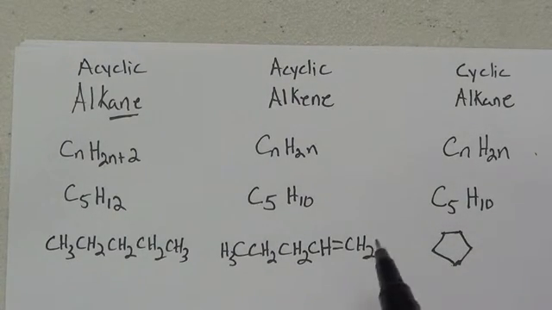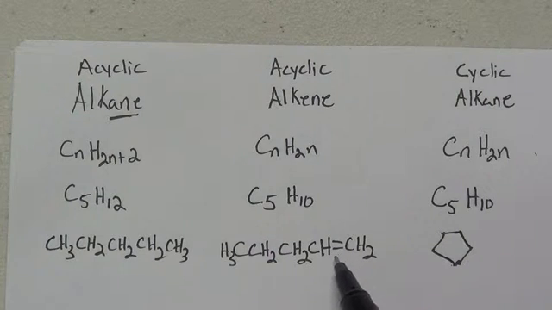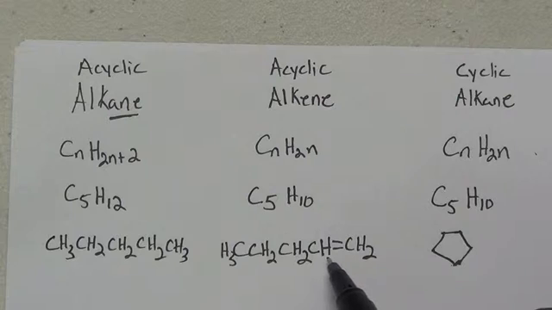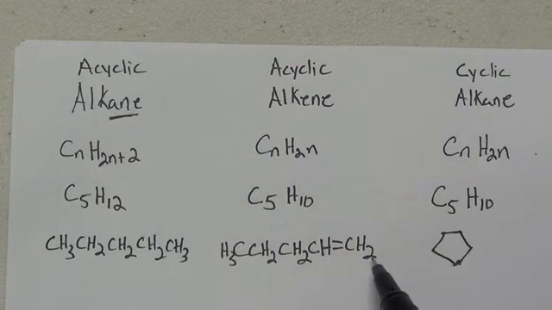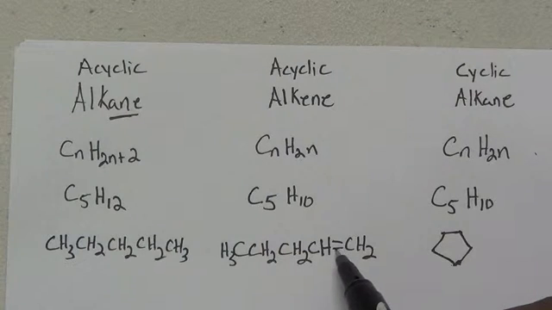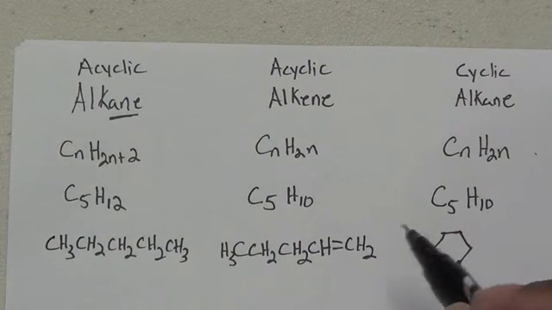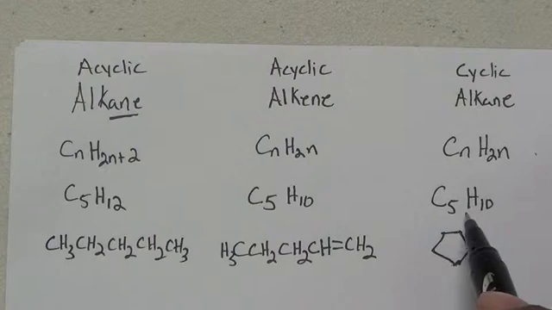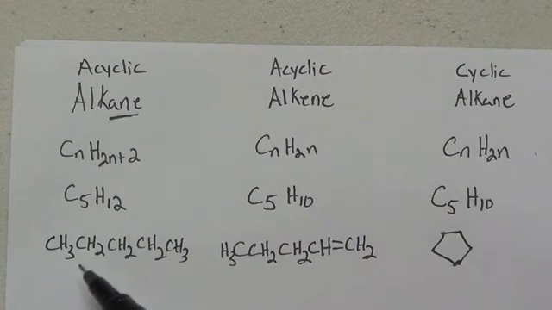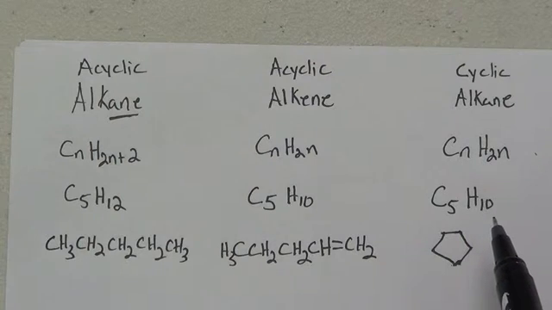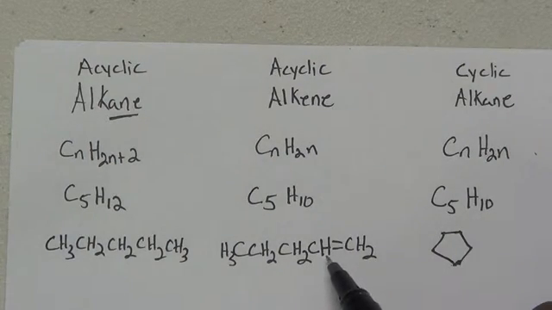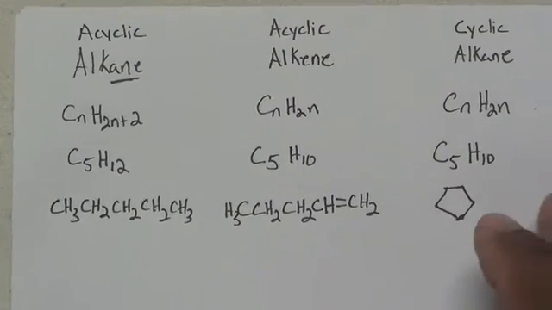In this structure, it has a degree of unsaturation, and it's shown because we lost 2 hydrogens. We lost hydrogens from this compared to that. So now we have a degree of unsaturation. From here, you see we have the same formula compared to that. No degrees of unsaturation here, but we lost 2 hydrogens, which means whenever you have a ring or a double bond, you have a degree of unsaturation.